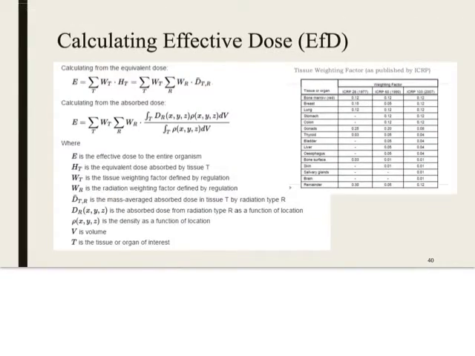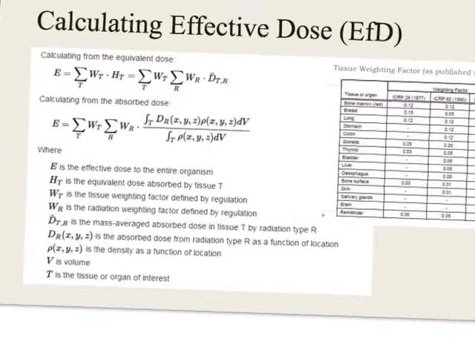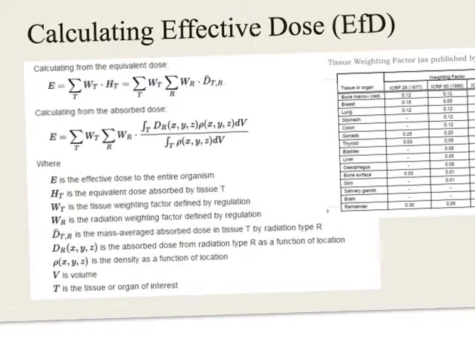Here again is the formula for calculating effective dose. I may ask you to do this at some point, right? You would be given an amount of radiation, like say 100 keV of X-ray. You would need to know the weighting factor. I would give you a table saying the weighting factors of different kinds of X-rays or different kinds of radiation.